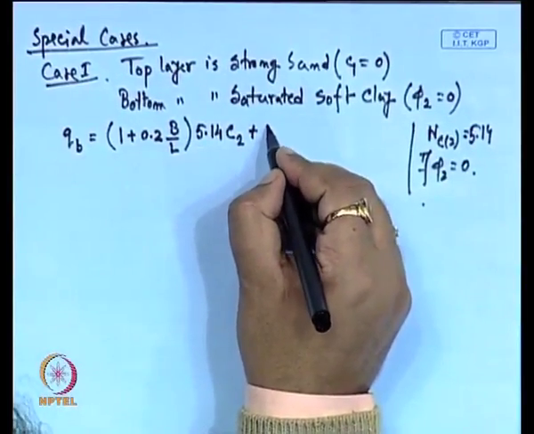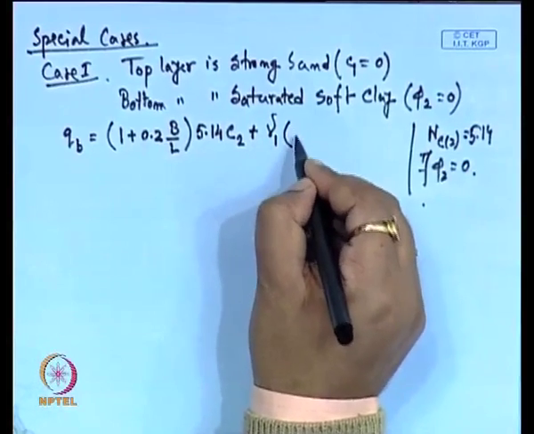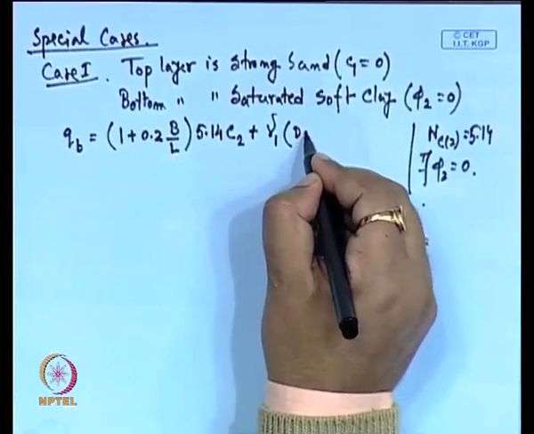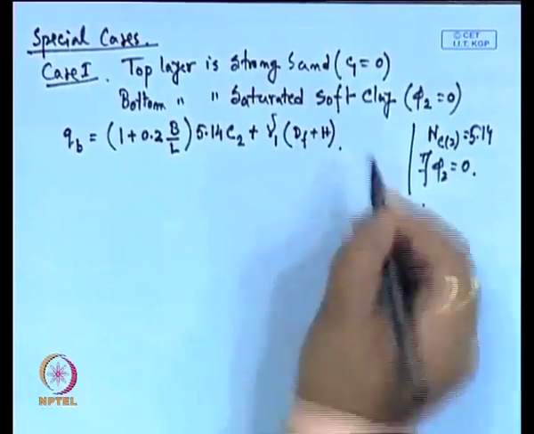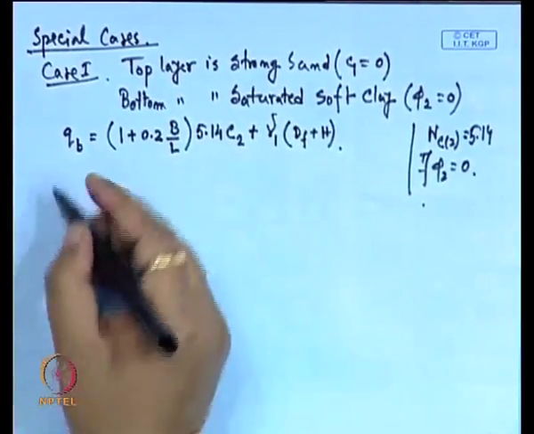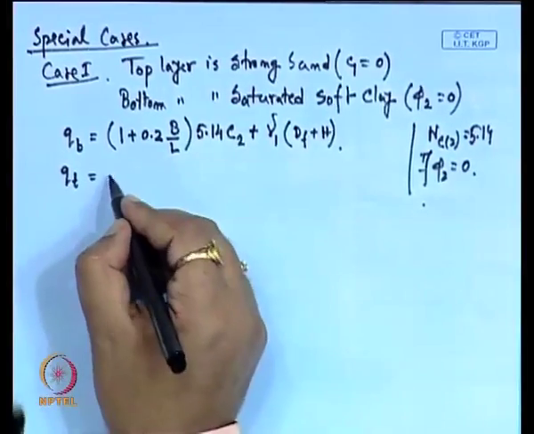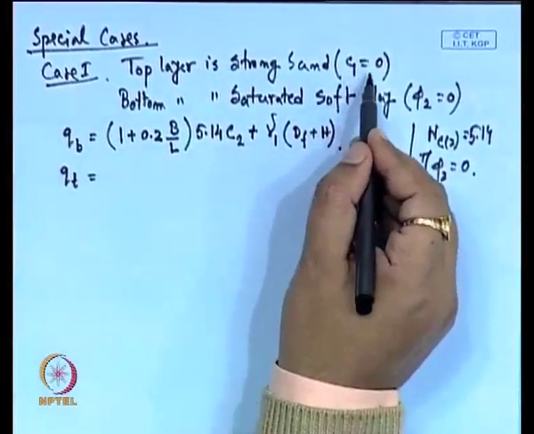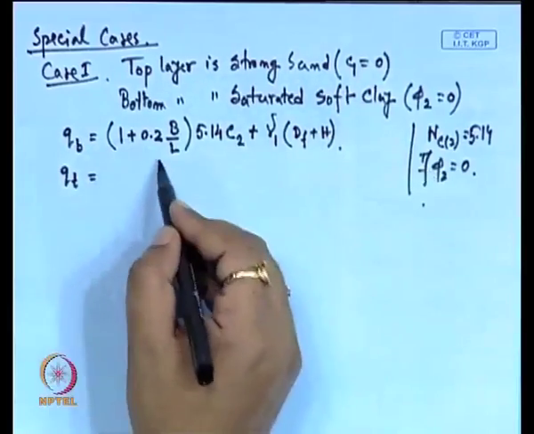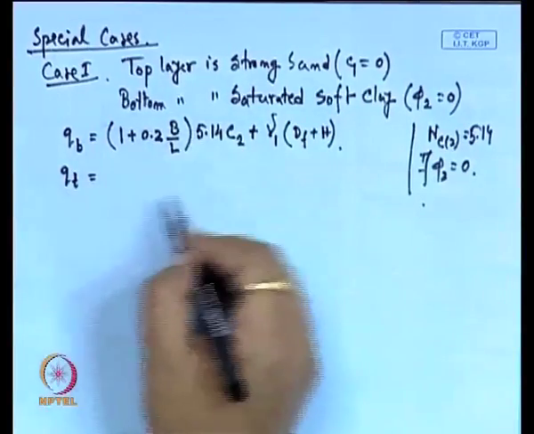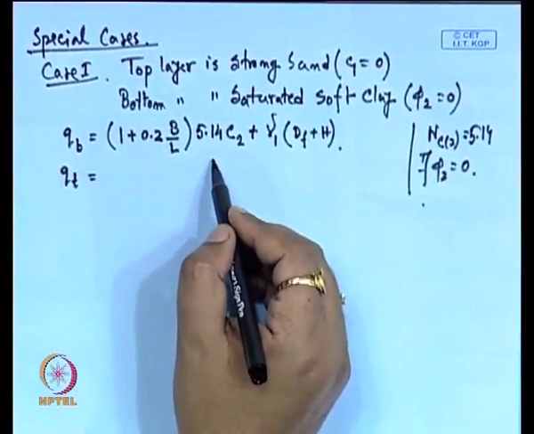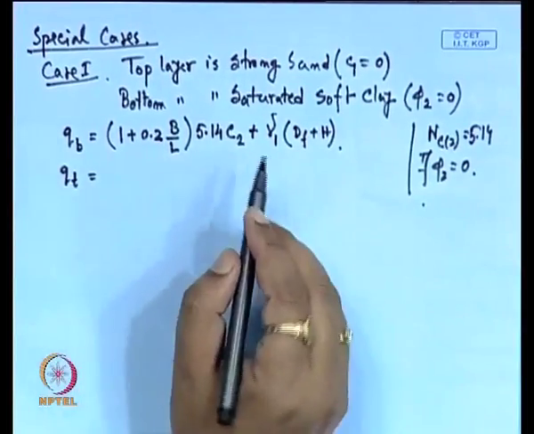So, now we will get only the surcharge, gamma 1 into (Df plus H), for the bottom layer, and similarly for the top layer, C1 is 0. So, the first part C1, Nc1 and Sc1 is 0.